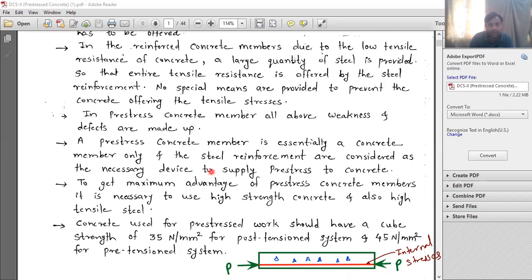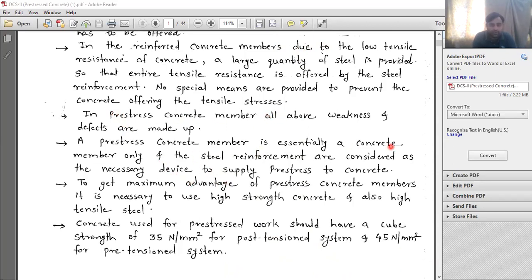So it acts like a device which can transfer the stresses to the concrete.